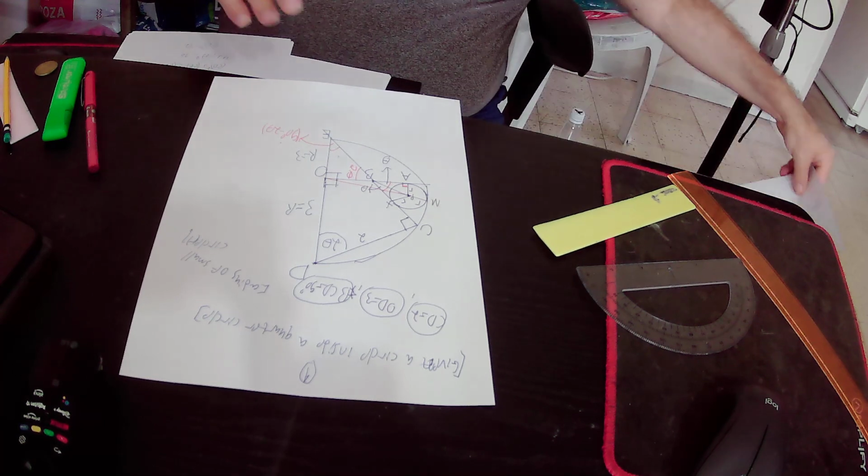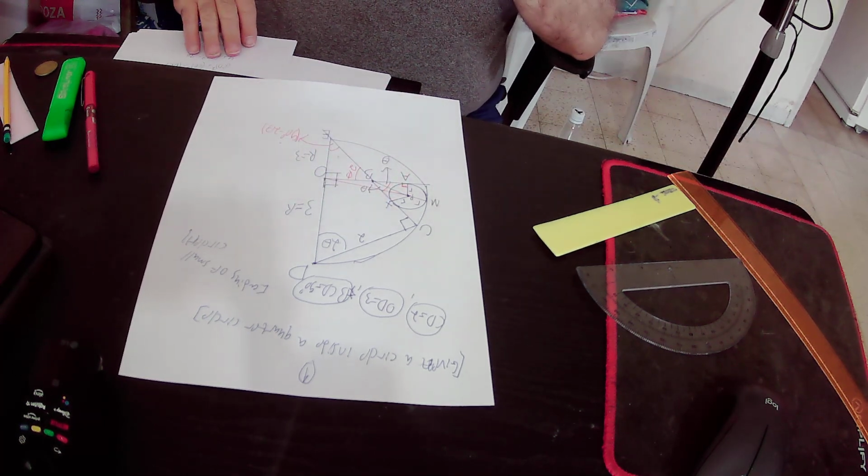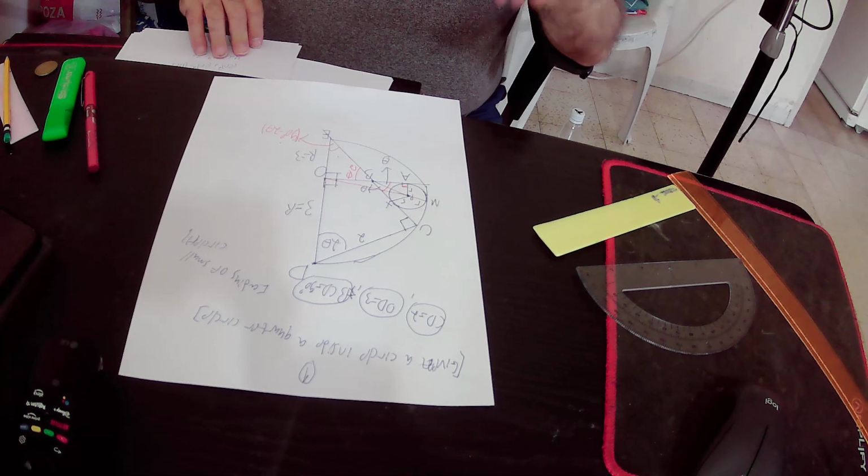Okay, then we focused on the right triangle, triangle CDE, and we know that the sum of the angles in any triangle, and especially in triangle CDE, equals 180 degrees.